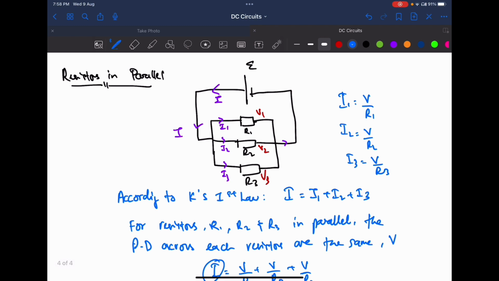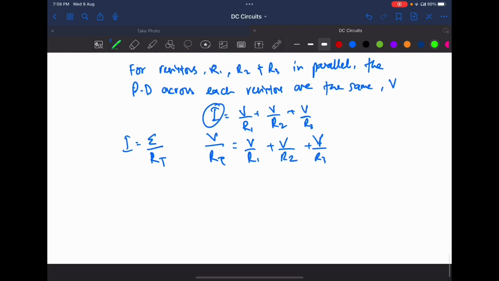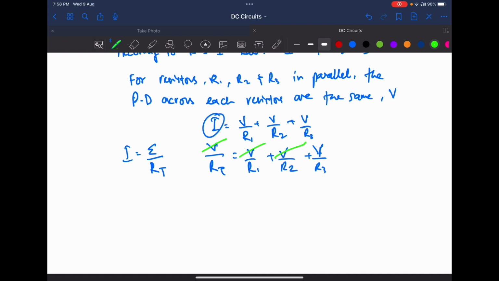Because all of these are connected in parallel to one another. So this is V, this is V, this is V, and we can cancel them out. And finally, you get 1 over R total equals 1 over R1 plus 1 over R2 plus 1 over R3.